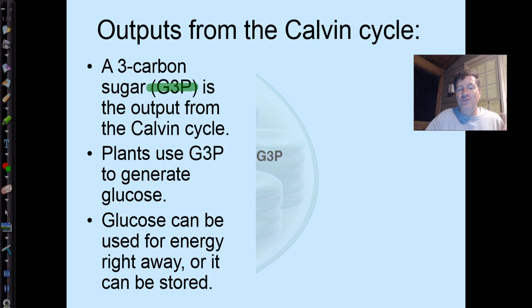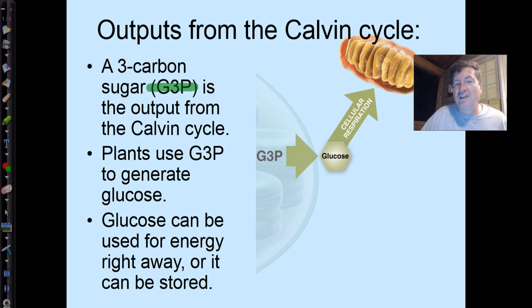They can use G3P, this product of the Calvin cycle, to make glucose, which they can use in cell respiration right away. Plants need energy too, so they're going to use that in cell respiration to release ATP to power their reactions. They may choose to store it.